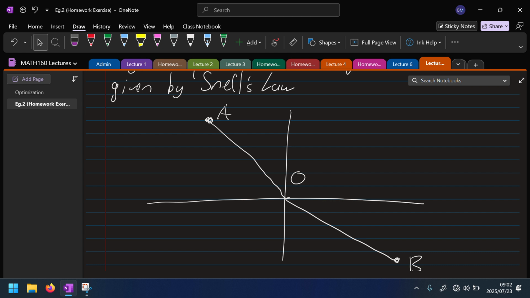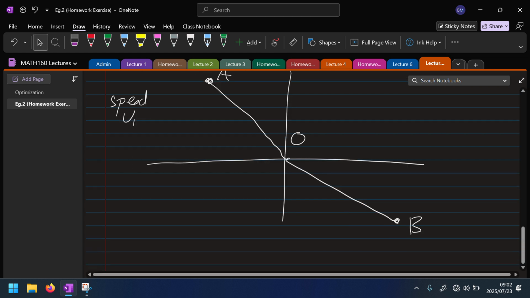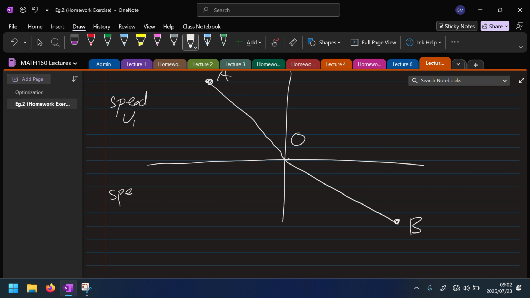In the top case, the light is taking the speed v1, because it has refractive index n1. And then at the bottom, it's going to take speed v2.